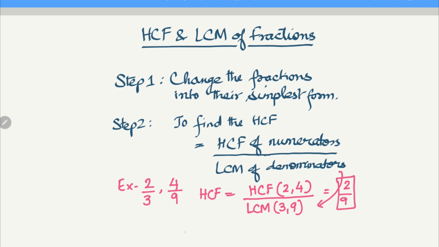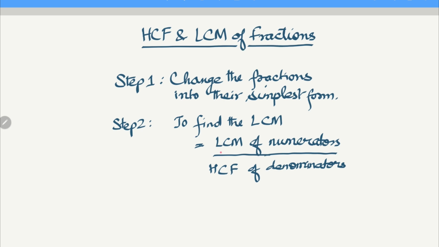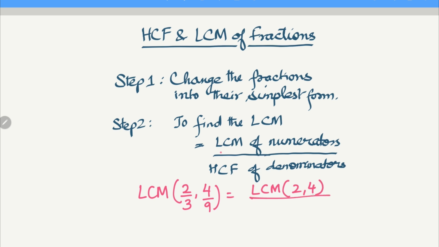Now let's look at how to find the LCM of fractions. The first step remains the same: change the fractions into their simplest form. The next step to find the LCM of these two fractions is to find the LCM of the numerators, so we had numerators as 2 and 4, and the HCF of the denominators, that is 3 and 9.